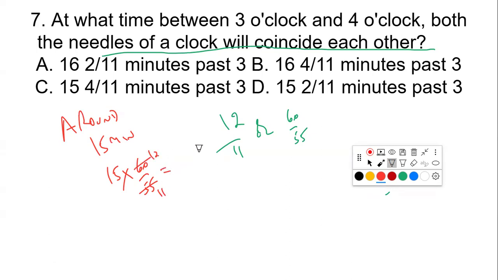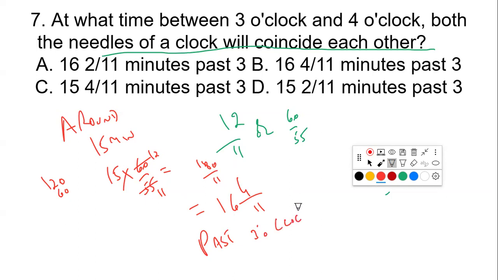So 12 into 10 is 120, 12 into 5 is 60, so 180 by 11. So 11 will go one time, 11, 70, 11 will go 6 times, 66. So 16 4 by 11 past 3 o'clock. Past 3 o'clock. 16 4 by 11. So what is your answer? B choice.